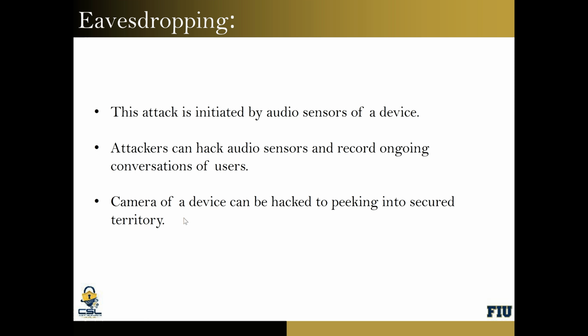An attacker can push malware and check your GPS data to see whether you are inside the territory or not, and can then initiate the camera and take stealth photos. These photos can be transferred using another communication medium, so you will not be aware of the malware. So malware can leak data using your camera also.